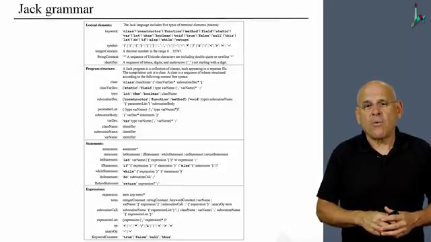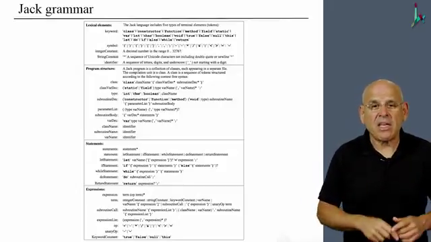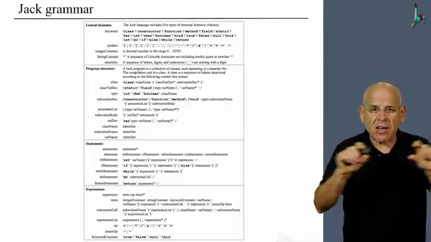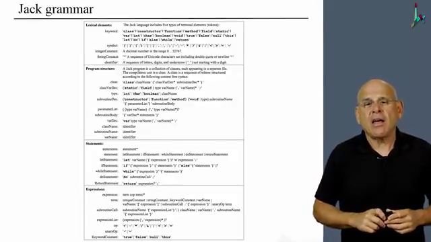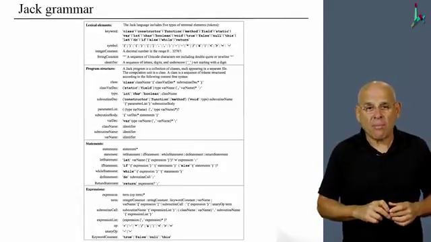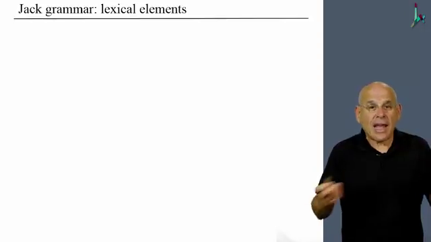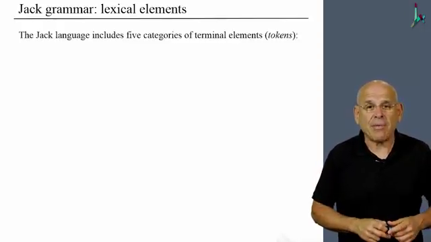And we already discussed most of what we see here. So what I'd like to do next is go through every one of these 4 sections and spend a few minutes talking about it. All right, so first of all, the language has a lexicon or lexical elements.